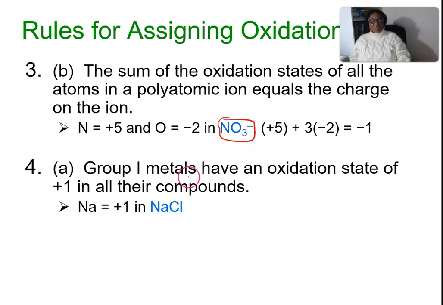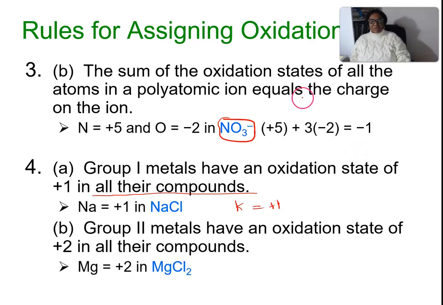Rule number 4, group 1 metals have oxidation state of +1 in all their compounds. Even K, +1. Rule number 4b, group 2 metals have oxidation state of +2 in all their compounds.